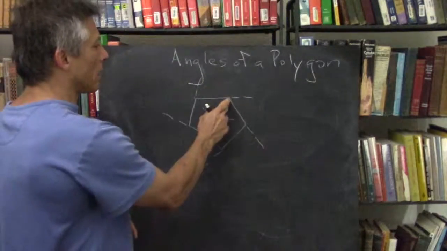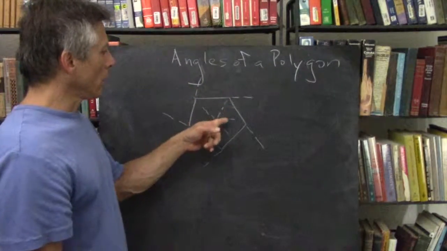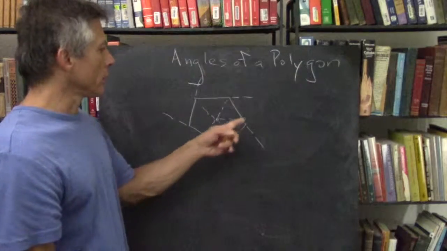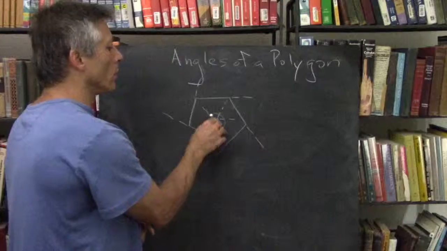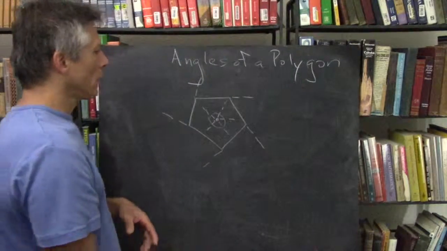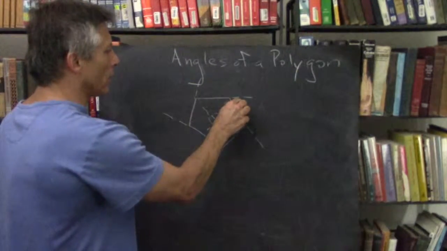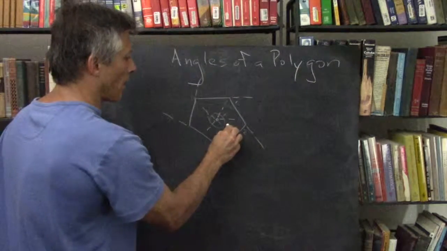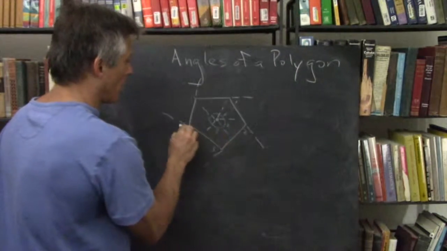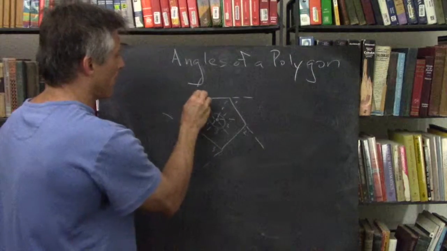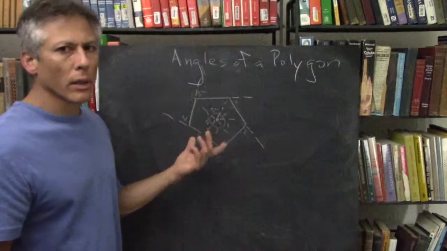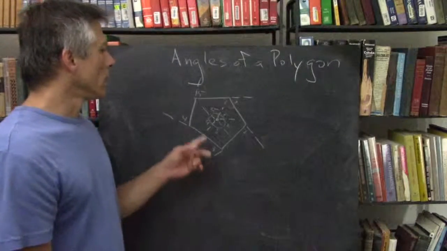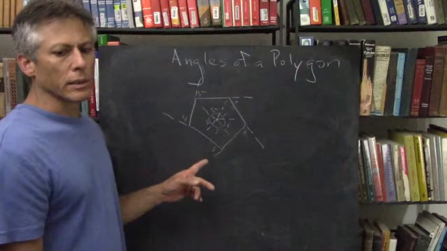And notice we've got 1, 2, 3, 4, 5 angles, just like 1, 2, 3, 4, 5. But these add up to what? 360. Since these angles are all equal, five here, 5 there, then we know that these add up to 360 as well.